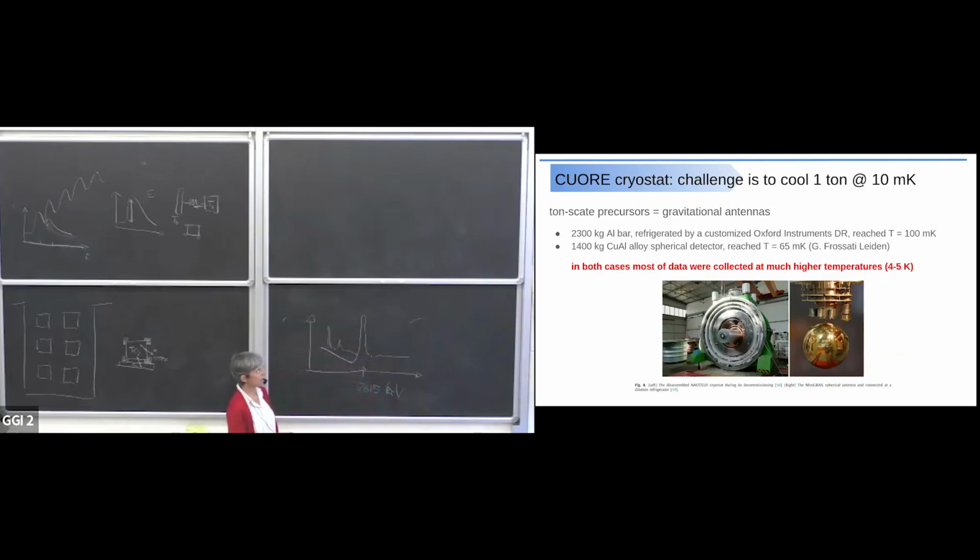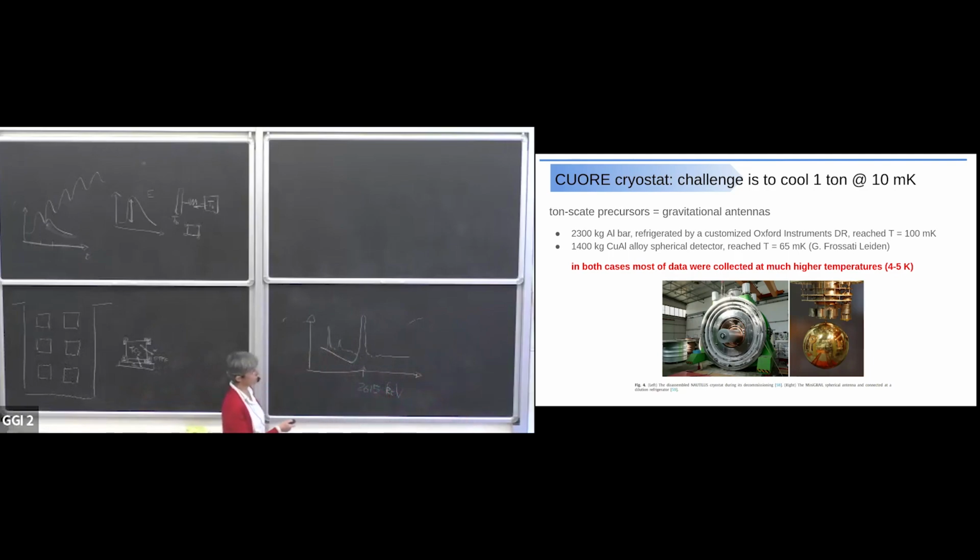So a few words on the cryostat. At that time, only two big cryostats operating ton scale gravitational antennas did exist. The first was a customized Oxford Instrument cryostat, but reached 100 millikelvin, but the antenna was not operated at that low temperature due to problems, and it was operated at a few Kelvin.